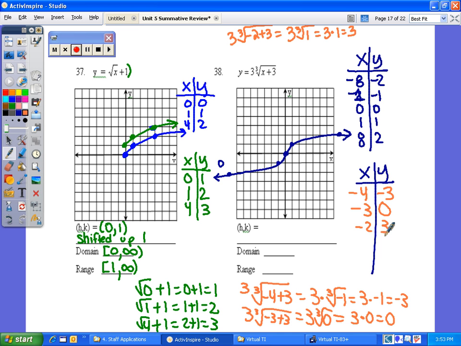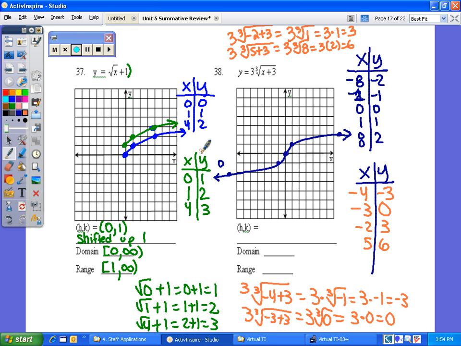And the last one, for me to get 8, would be to plug in 5. So 3 times the cube root of 5 plus 3 equals 3 times the cube root of 8 equals 3 times 2, which is 6. Alright, so now I'm going to plot these numbers.